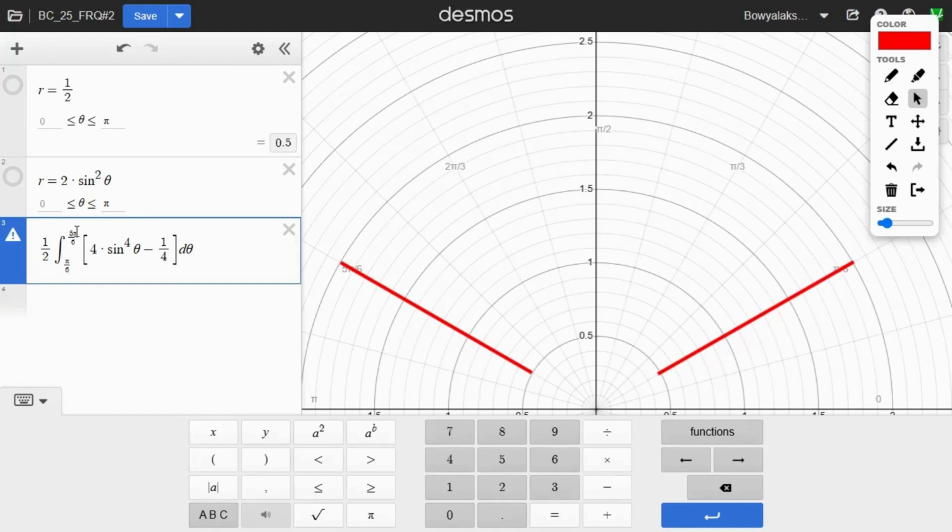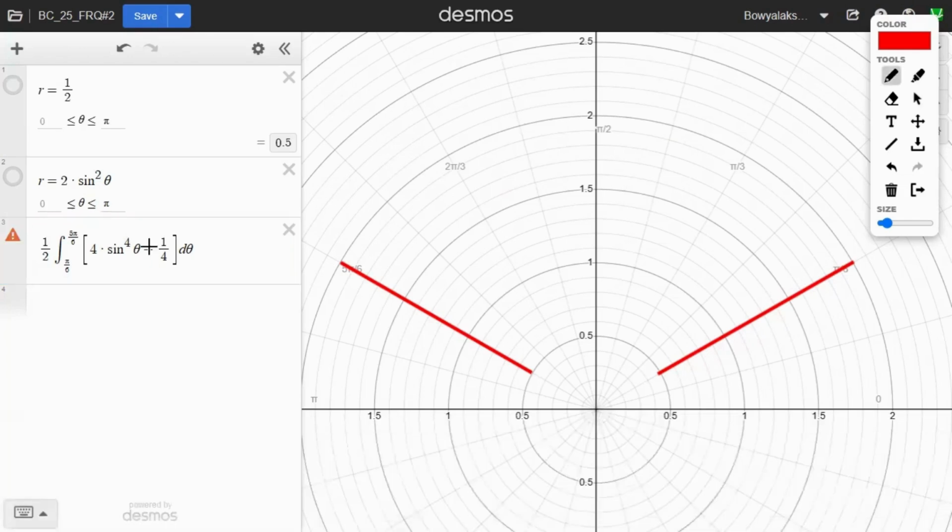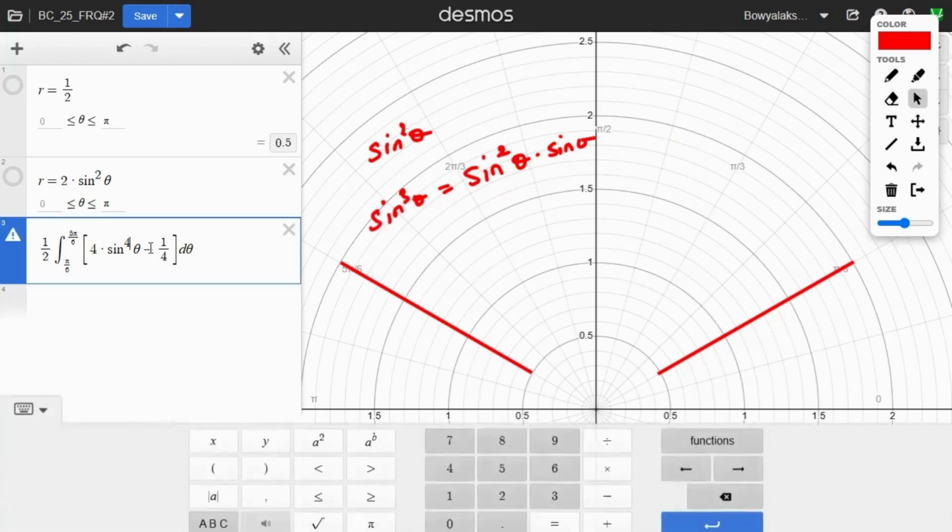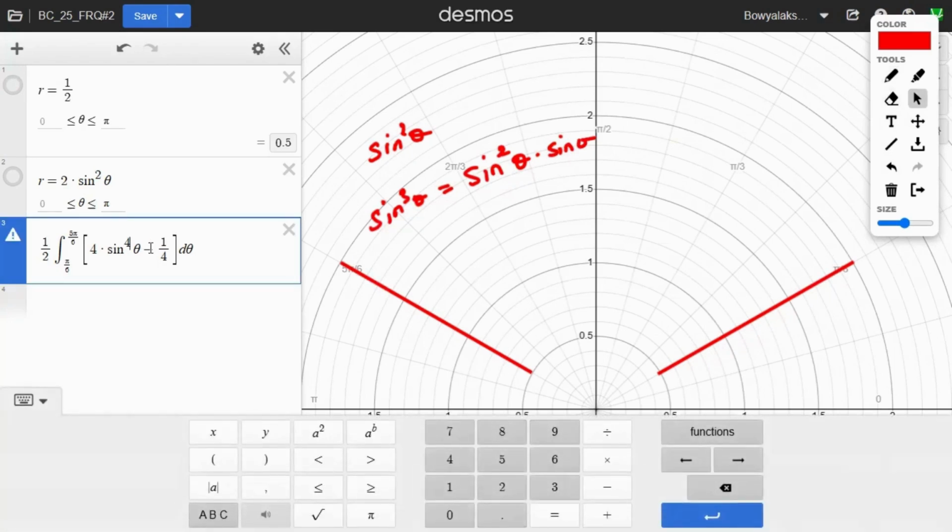Okay, it shows some error. One thing in Desmos: you can't use power for a trigonometric function like that. Sine cube means you should write sine power 2 theta times sine theta. Like this way you have to use it, so that's why it shows an error. So for sine power 4 theta, I will use sine square theta times sine square theta, so that the input will be accepted.